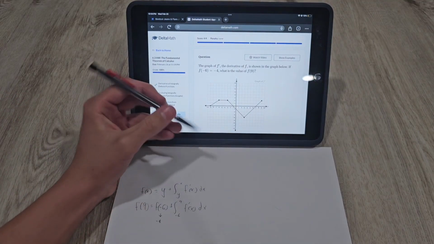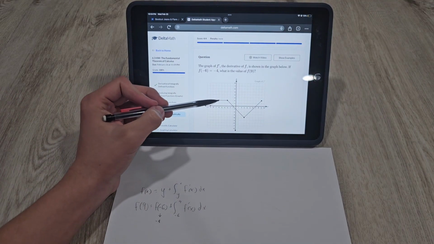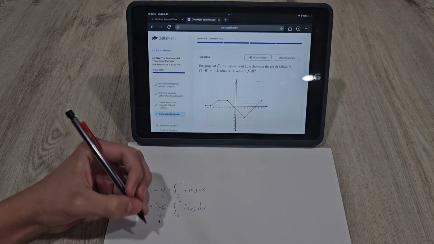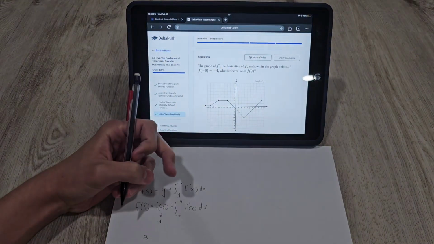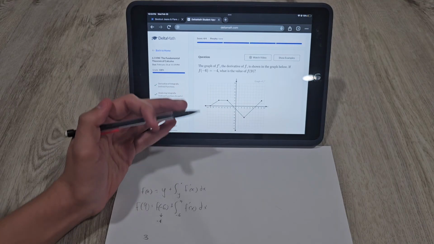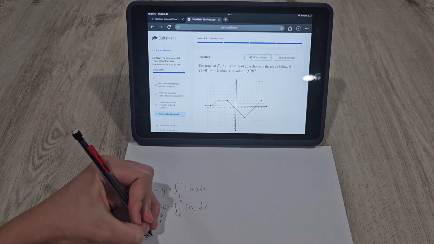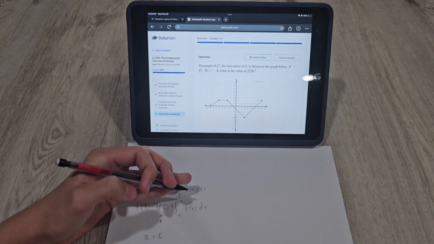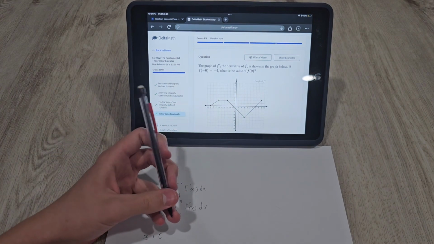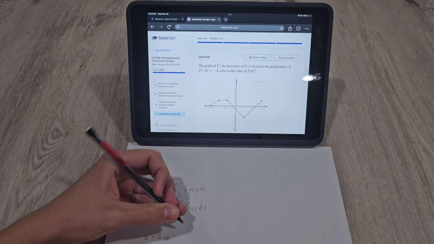So this triangle is from 2 to 3. That has an area of 3 because you have to divide it by 2 because it's a triangle. Then you have from 2 to 3 because it's a rectangle, right? So you add 6, because 2 times 3 is 6. Then from 2 to 2 divided by 2 is 2, so you add 2.